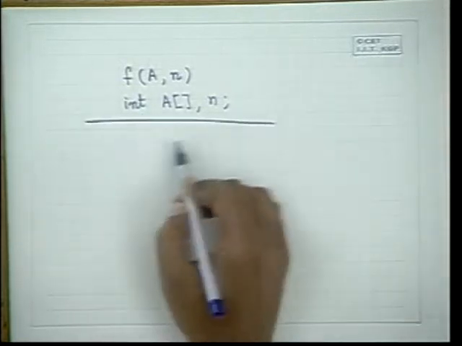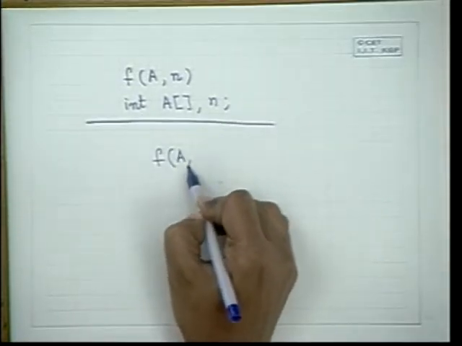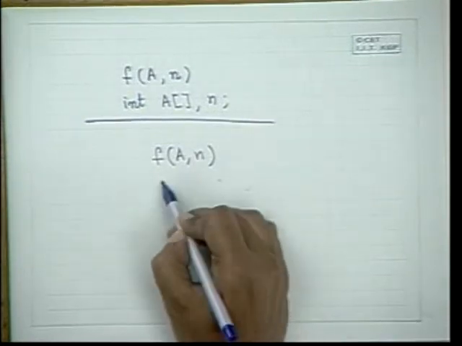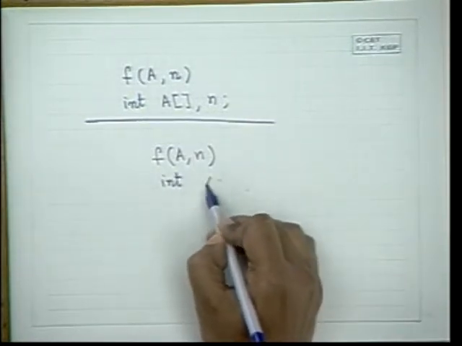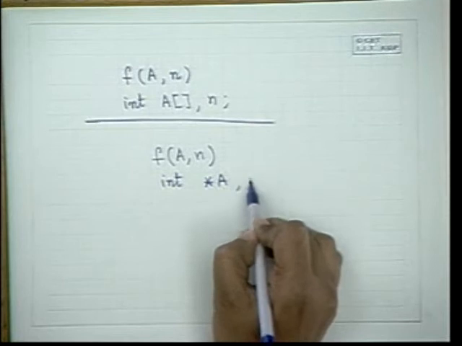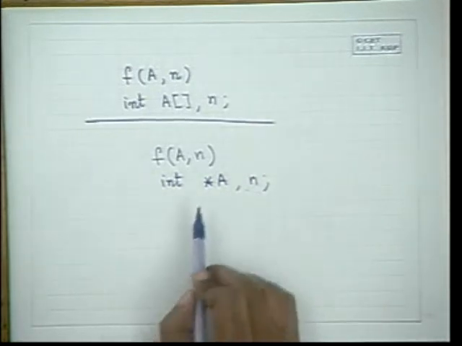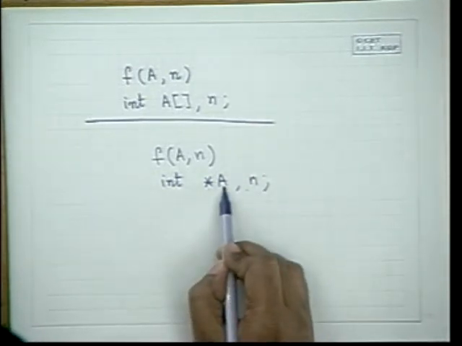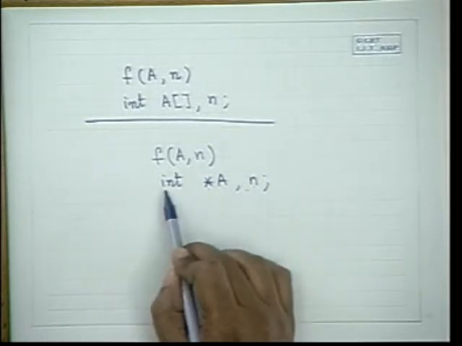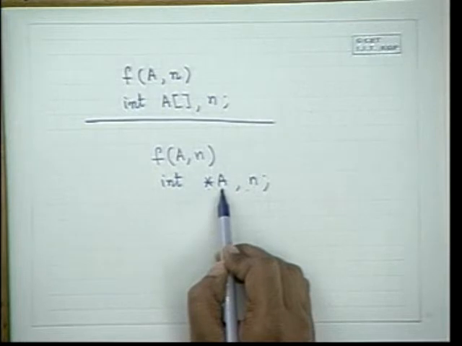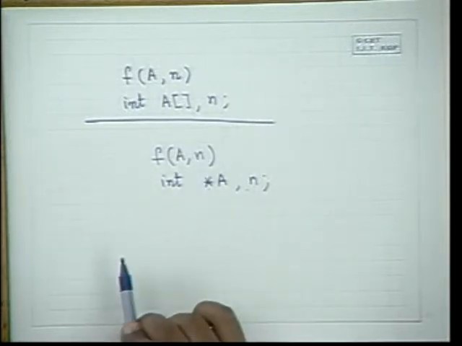Here you can also do f(int *a, n), which means that the content of a is an integer, and then you can do a plus 1, you will get the address of that location.